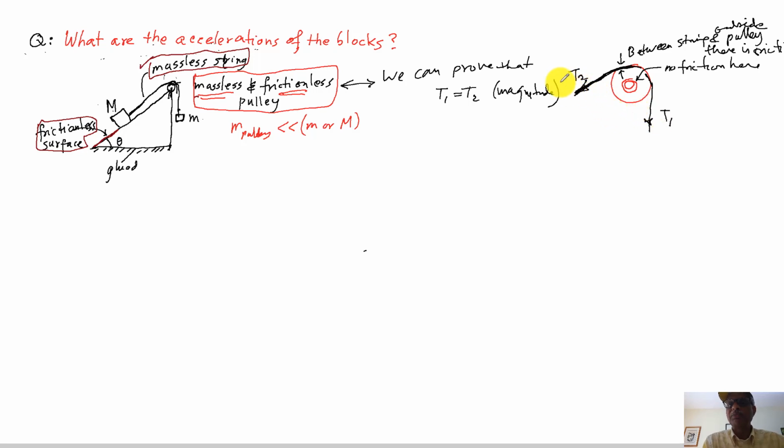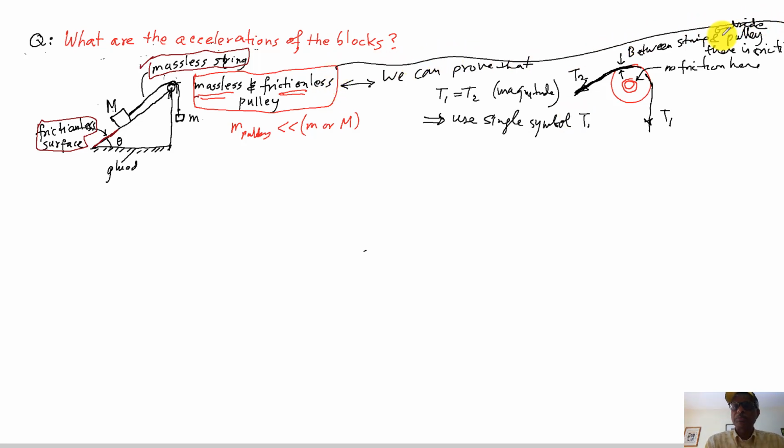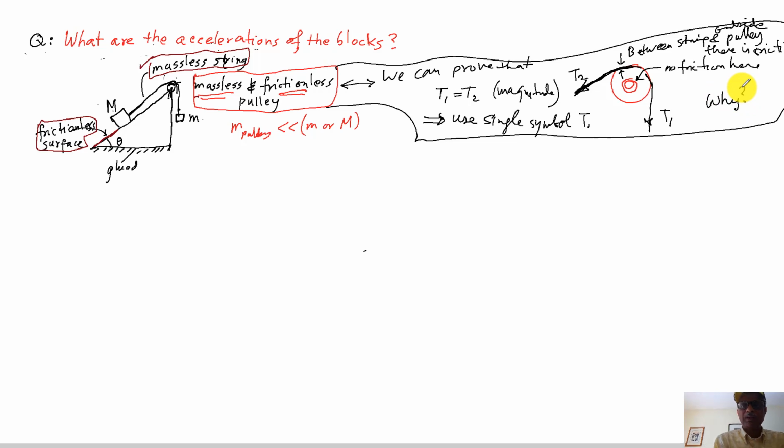You can see they are different in direction, but the magnitudes are equal, so I'm going to use a single symbol T for both. If we get time at the end, probably not today, I'll show you why that is the case. Maybe we'll talk about it later, or maybe at the end of this video I will add some more. So let's get back to this.